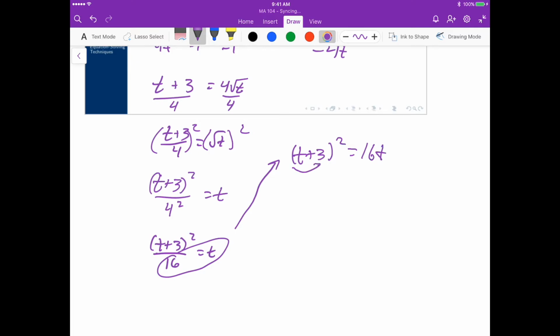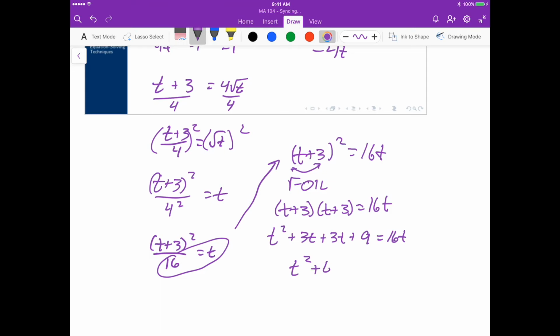Here, when I square this, I can't distribute, I have to FOIL. t plus 3 times t plus 3 is equal to 16t. When I FOIL, first, outer, inner, last: t squared plus 6t plus 9 is equal to 16t.